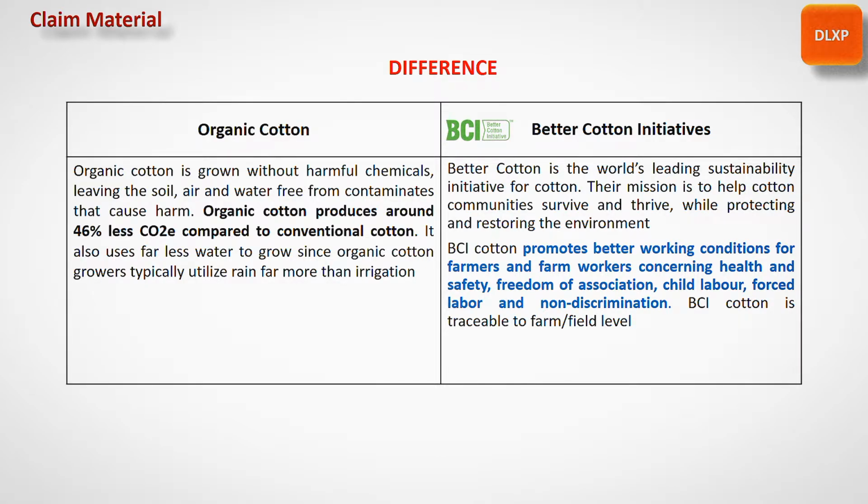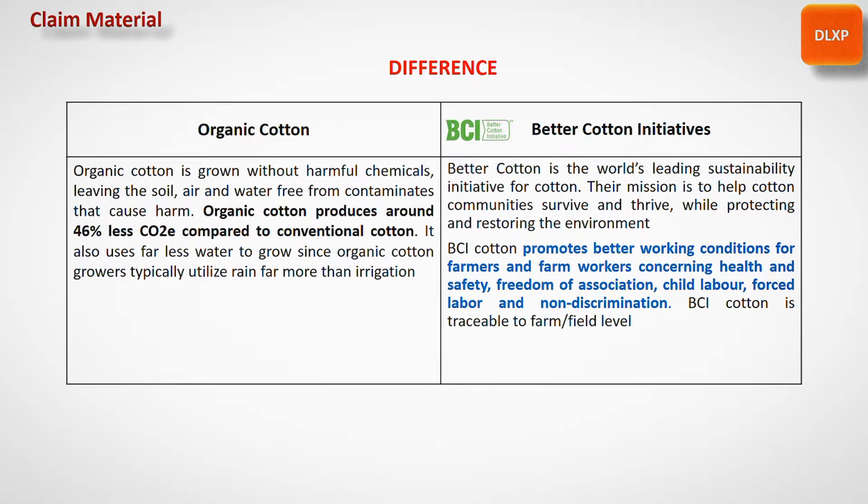While on the other hand, the Better Cotton Initiative, BCI cotton, is the world's leading sustainability initiative for cotton. Their mission is to help cotton communities survive and thrive while protecting and restoring the environment. On the BCI side, the more important part, BCI cotton promotes better working conditions for farmers and farm workers concerning health and safety, freedom of association, child labor, forced labor and non-discrimination.